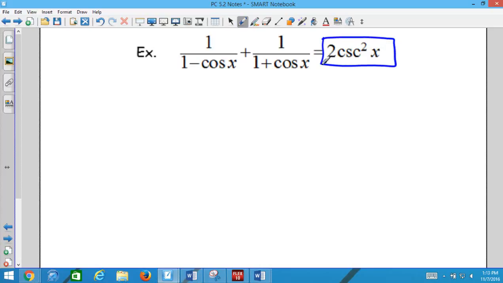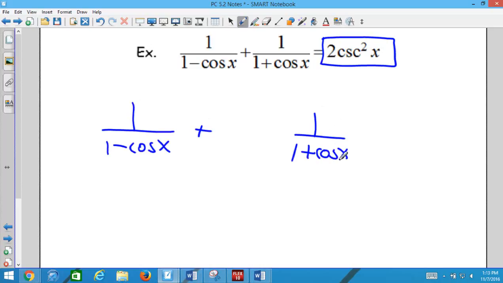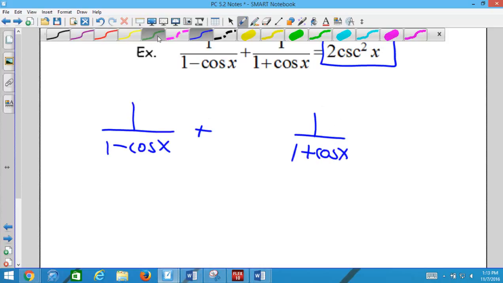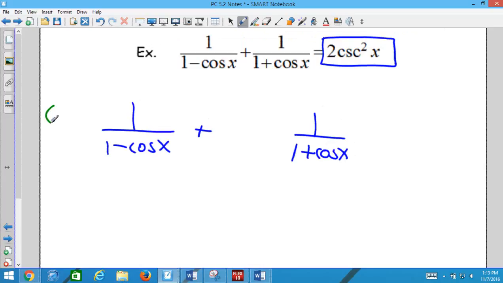How can I add fractions? Common denominator. So when I look at these and I try to find a common denominator, they don't really have anything in common, so I just got to multiply by the other one. And remember, we multiply by a value of 1, so we multiply the top and the bottom.